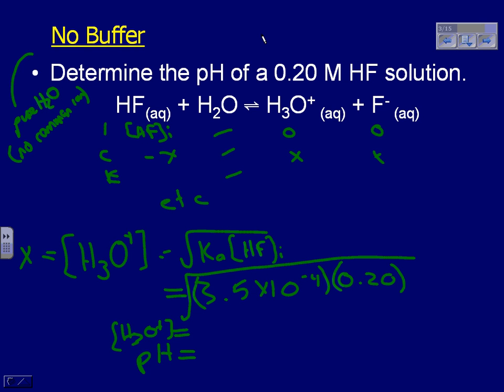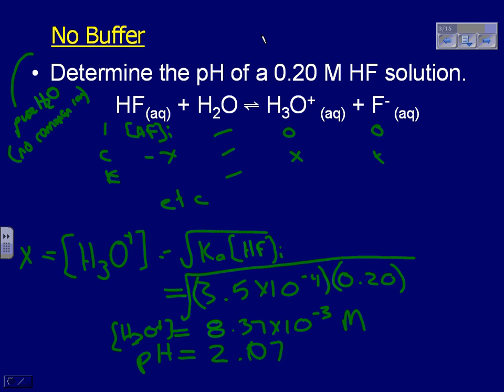Yep, Eric? 10 to the negative 3, molarity, moles per liter, and negative log answer equals. What's that? Oh, error 1, yep. 2.1, one more decimal? 2.07, there you go. Okay?